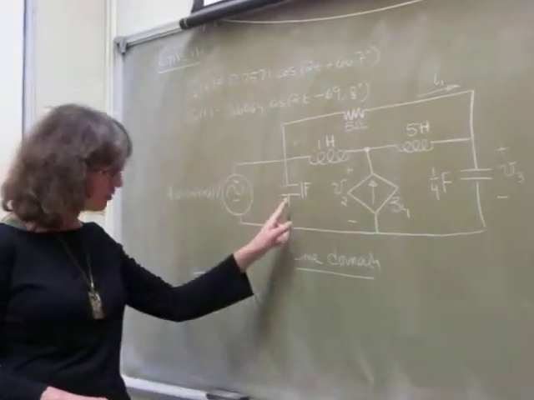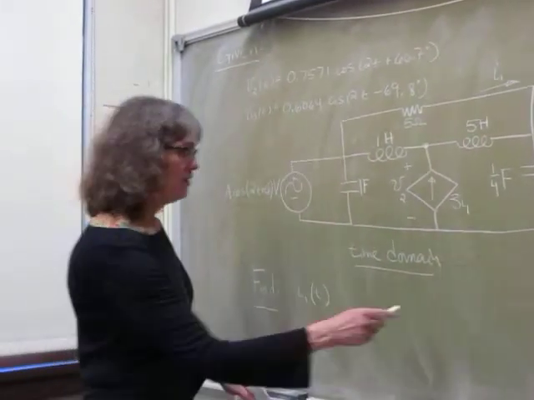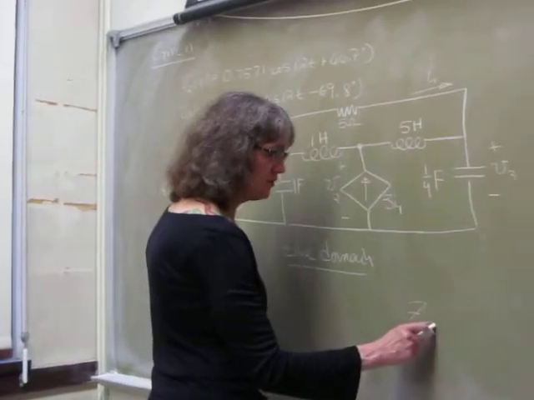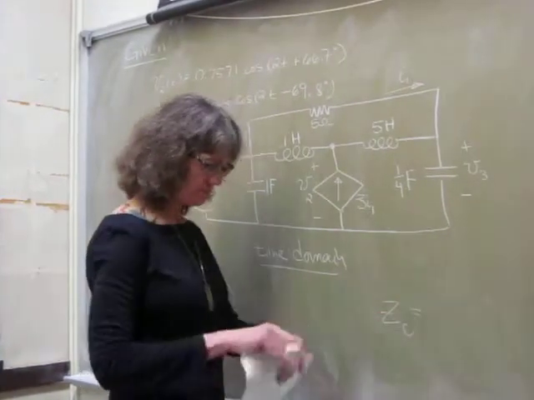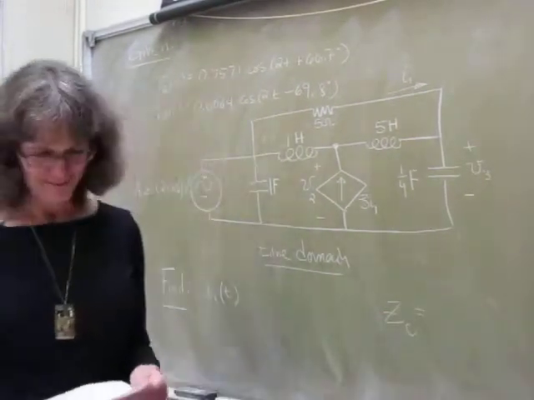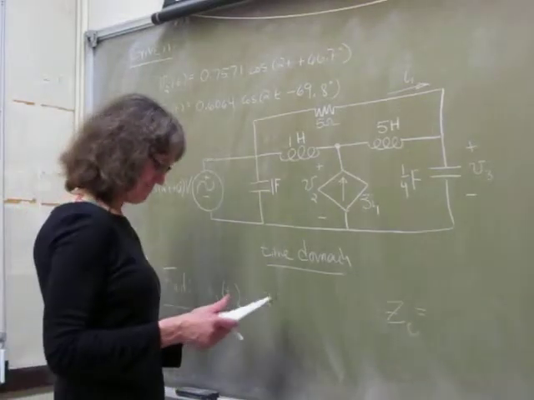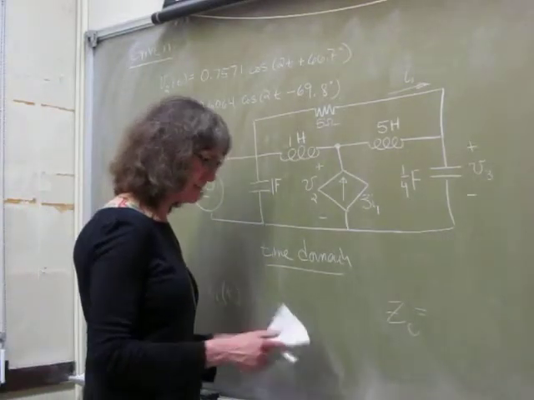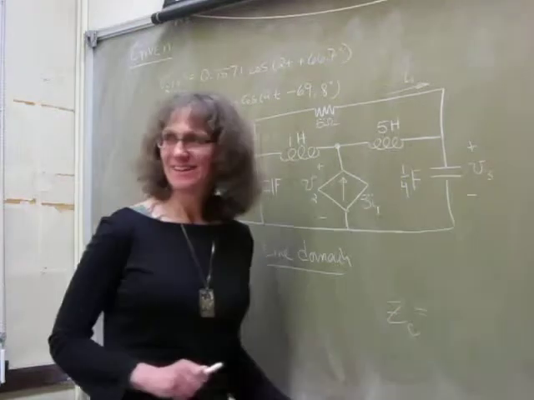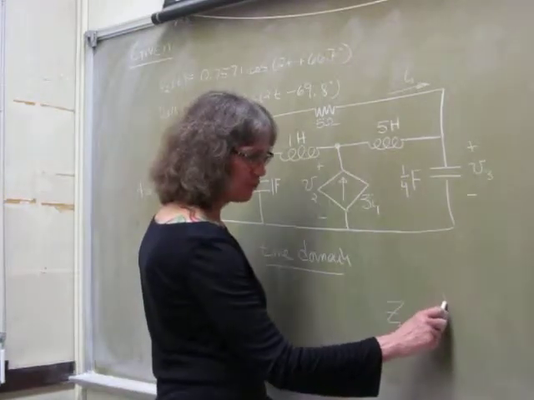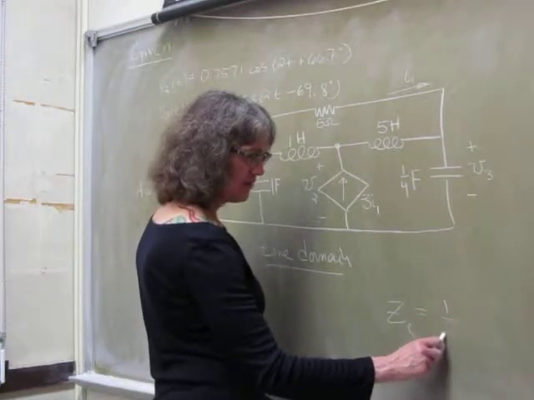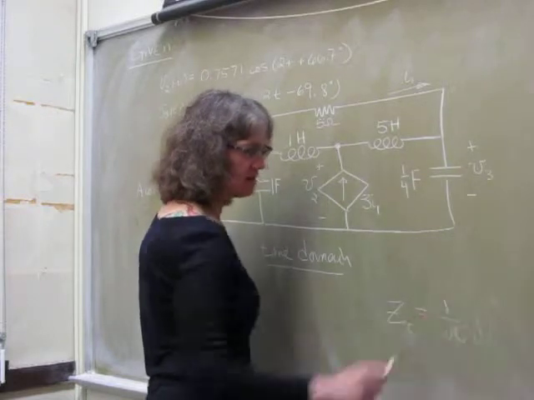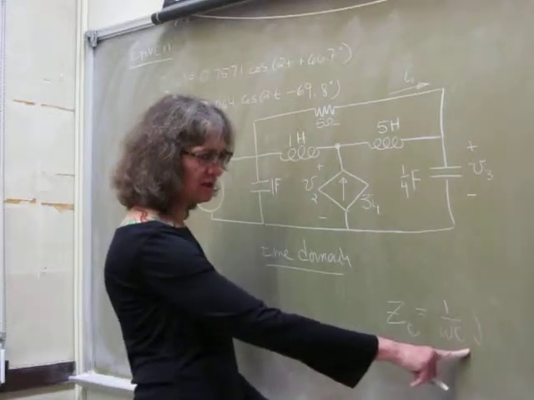For a capacitor, you have to know the impedance. What's the formula? It's 1 over omega C, times j, or is j in the denominator?